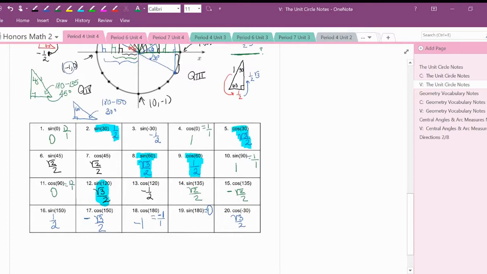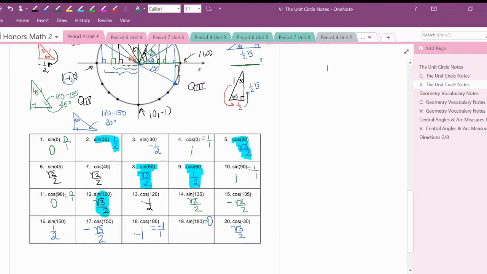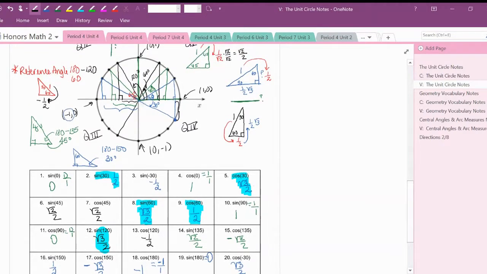So now let's talk about what happens when we end up in quadrants 3 and 4. In quadrant 3, let's just put in this angle, which would be 60 plus another 180.